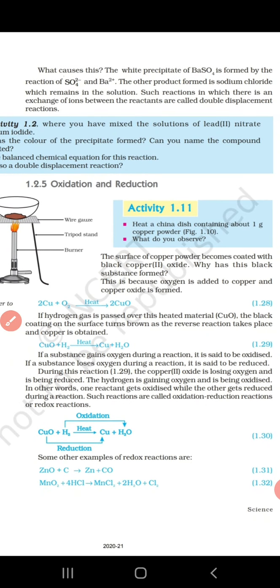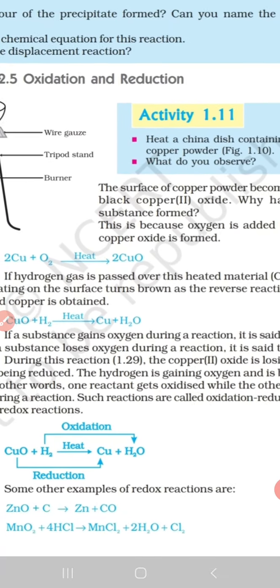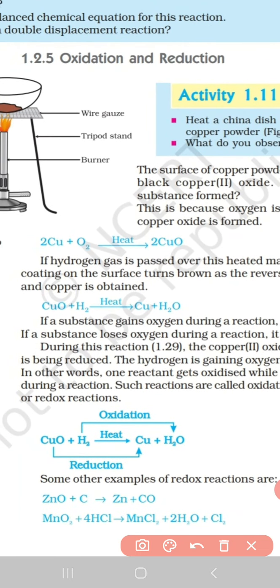So let's look at this reaction. Cupric oxide when treated with hydrogen, that is hydrogen gas is passed over the cupric oxide, then we will get copper and water. That is, hydrogen is oxidized here. What will we get? H2O, that is the water molecule, and copper is reduced here.